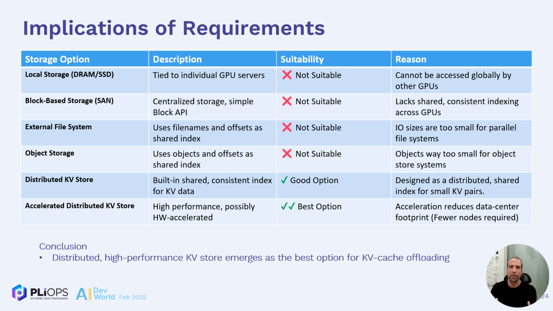We accelerate the storage with dedicated hardware that can extract from a single node tens of millions of IOPS, tens of millions of get and put operations per second, which means that with a very small number of key value storage nodes, we can satisfy a very large number of GPU servers with very small cost and low power. So the conclusion here is that distributed high-performance key value store emerges as the best option for KV cache offloading.